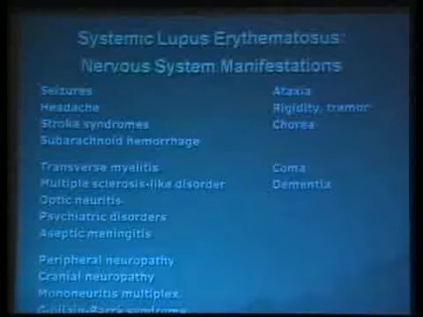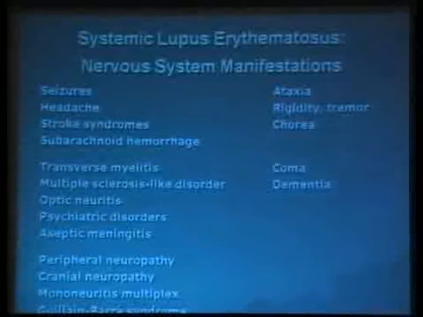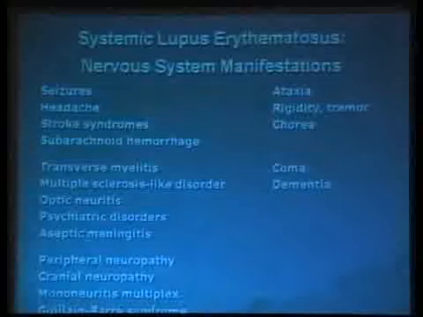Transverse myelitis can affect the patient. Here, generally, we're dealing with a vasculitis of the spinal cord, but they can also develop other things. Aseptic meningitis is interesting.